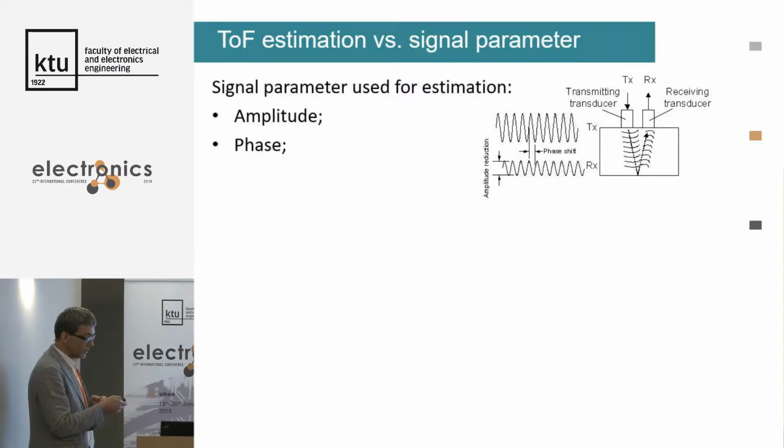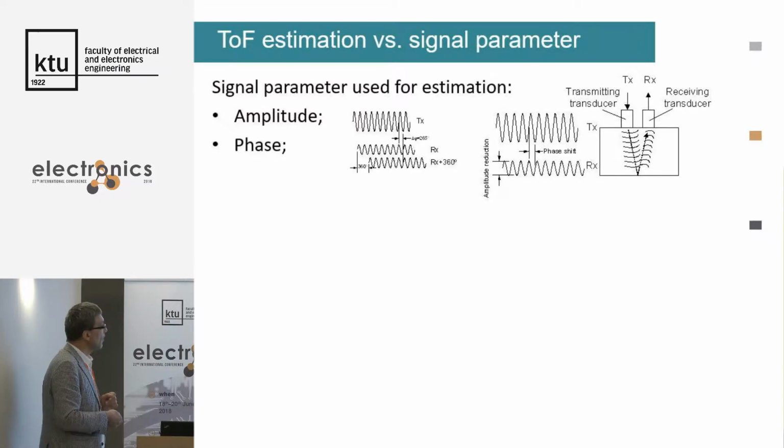But this technique is not that accurate. Then the other one is to measure the phase when you use a sinusoid, and you compare the phase of the sinusoid that has been transmitted and the sinusoid that has been received.